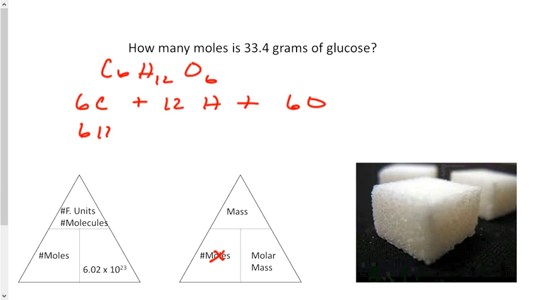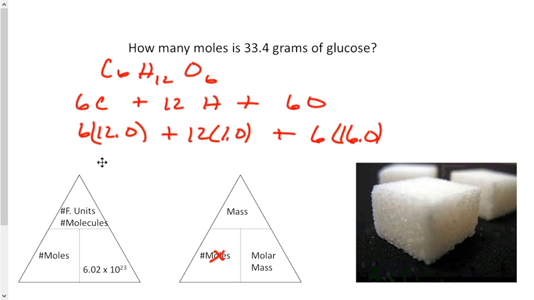So it's 6 times 12.0 plus 12 times 1.0 plus 6 times 16.0. And that would be 72.0 plus 12.0 plus 96.0. And that gives us 180 grams.